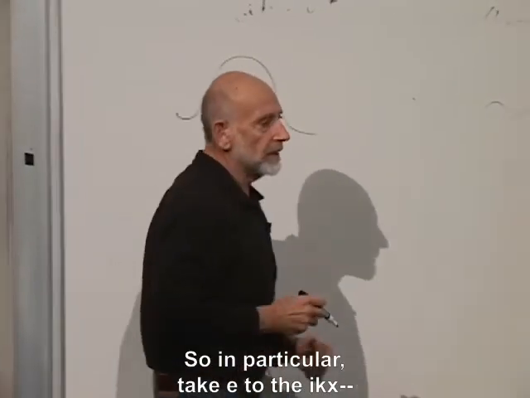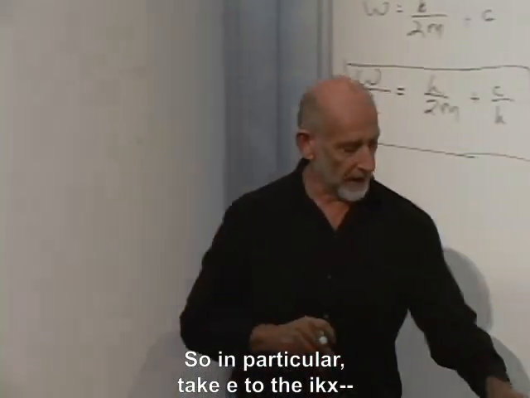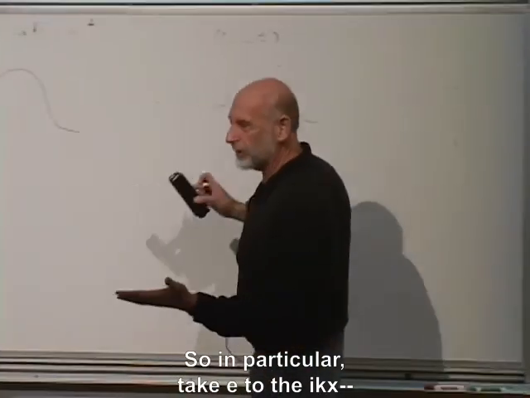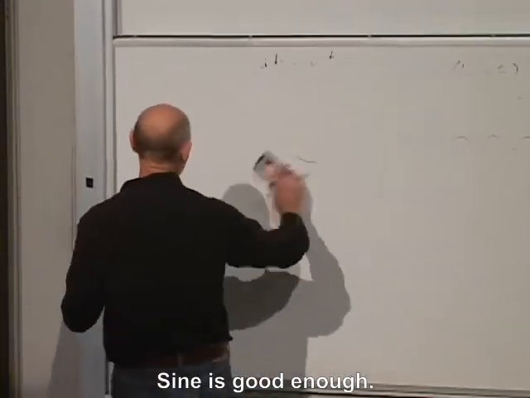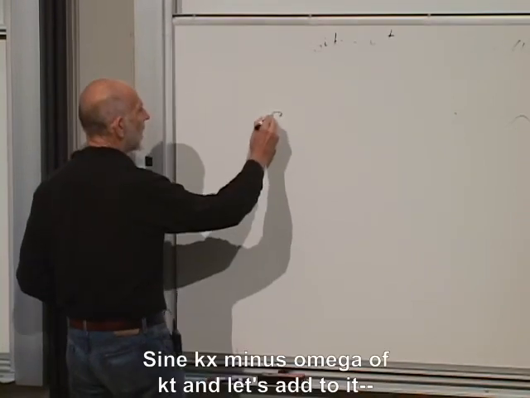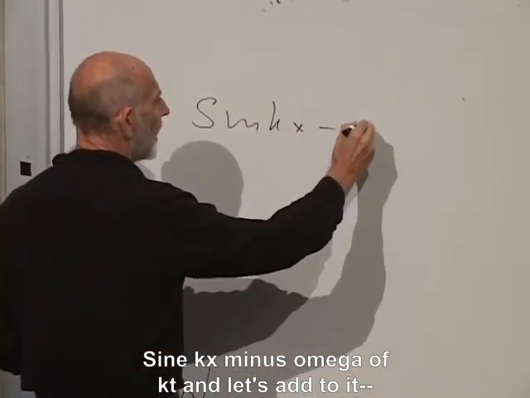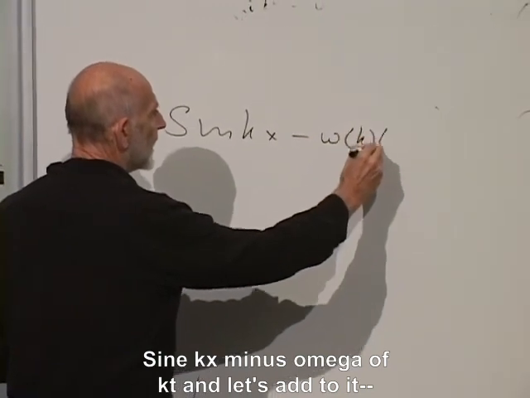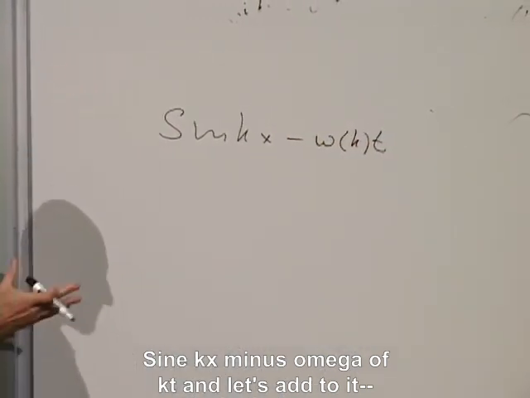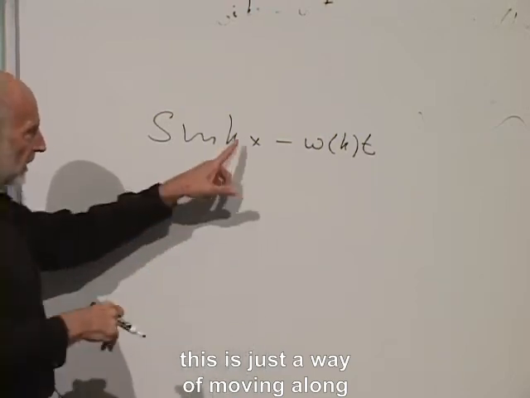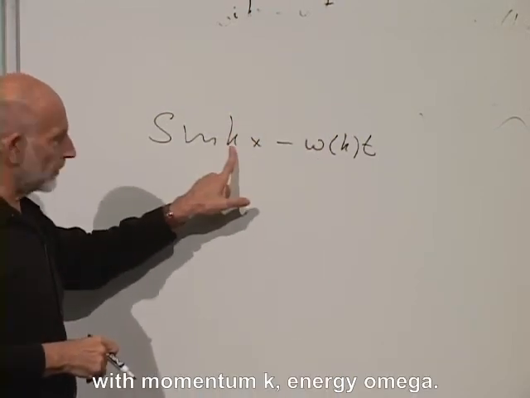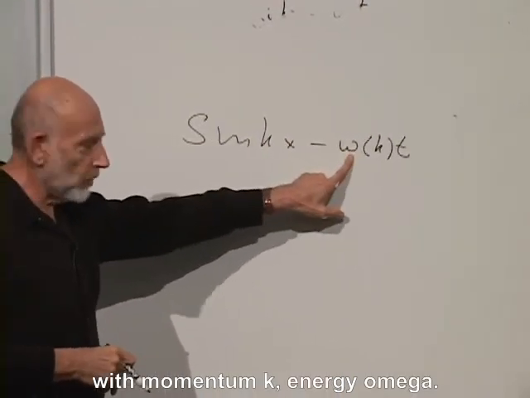So in particular, take e to the i kx. We could just take sine. Sine is good enough. Sine of kx minus omega of k times t. This is just a wave moving along with momentum k, energy omega.